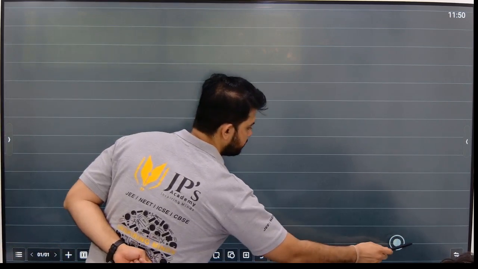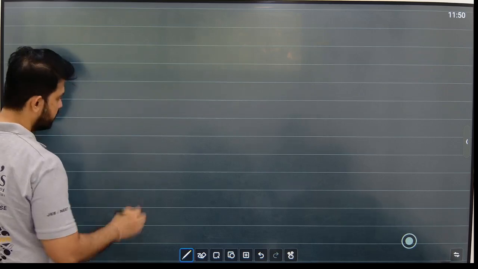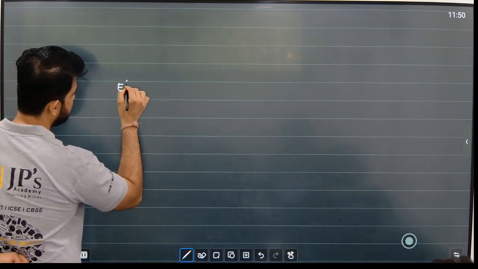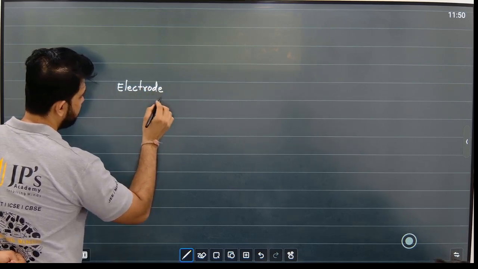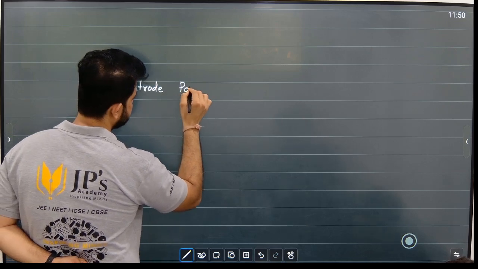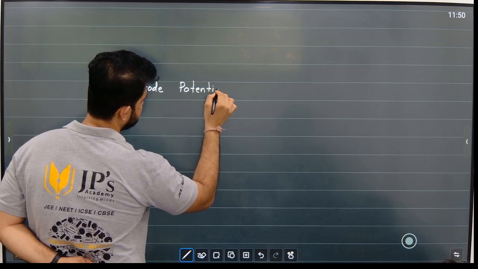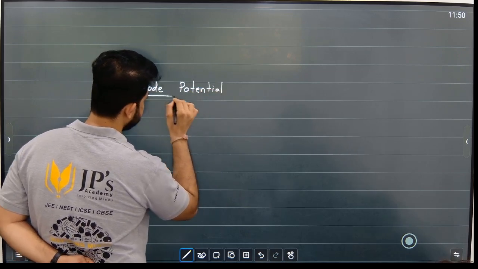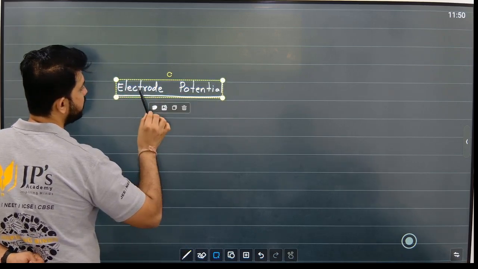The next part of the chapter, people, is called electrode potential. So let's understand what you mean by electrode potential.